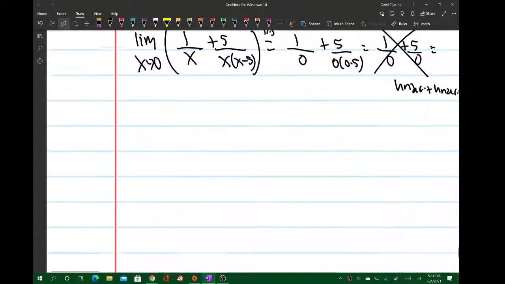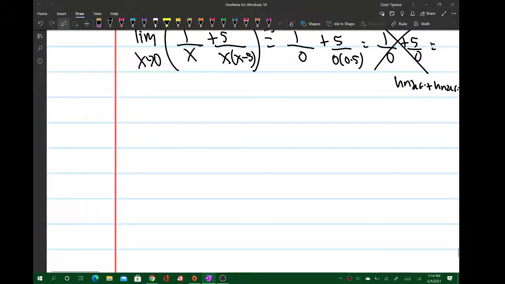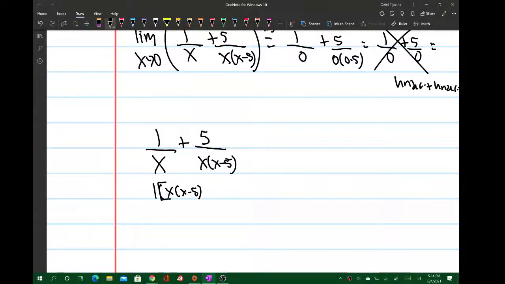So the way that we do this is we're going to go ahead and add this up. So we have 1 over x plus 5 over x times x minus 5. We have 1 times x times the quantity x minus 5, plus 5 times x, all over x times x minus 5.